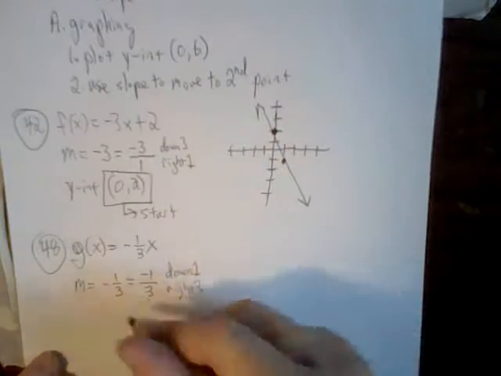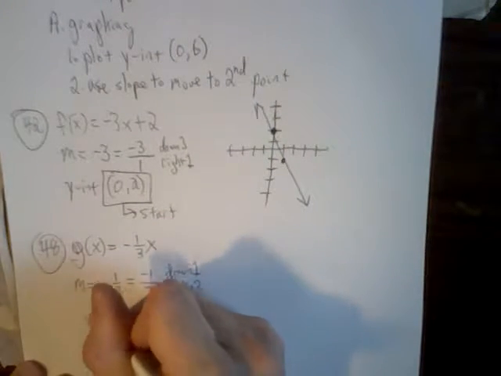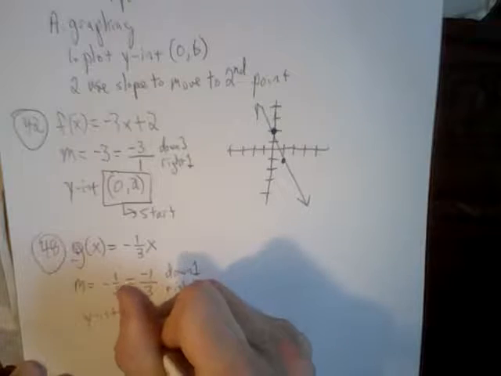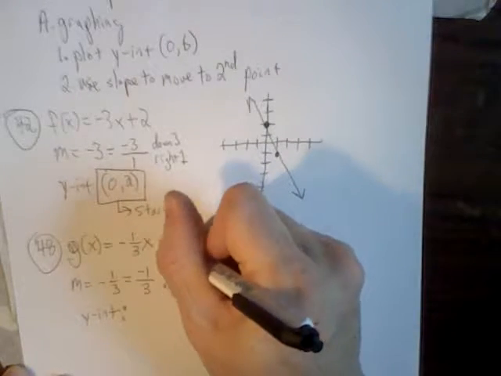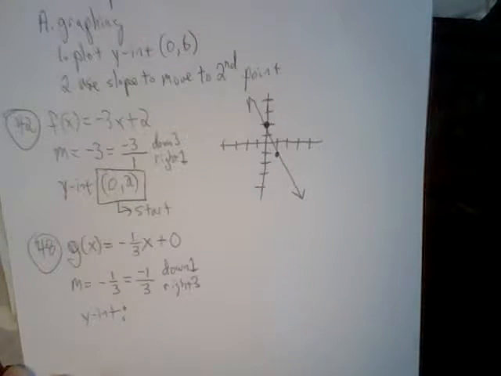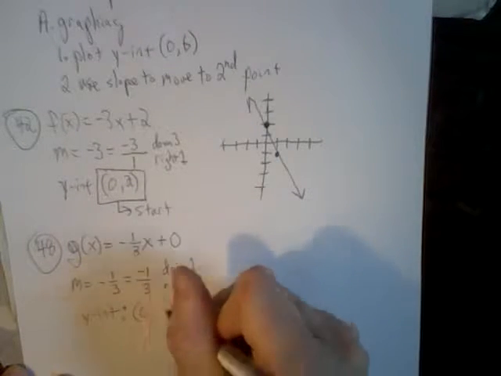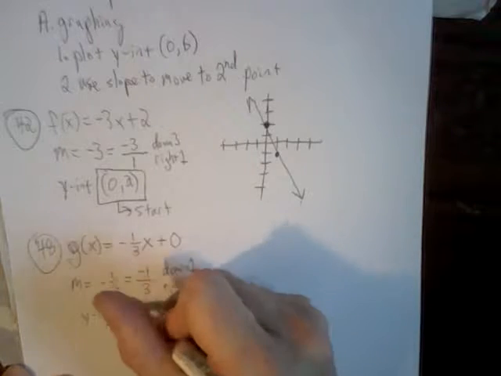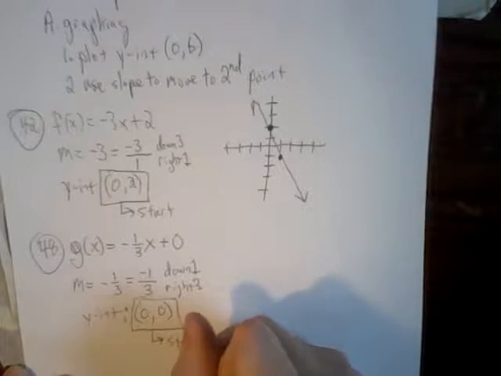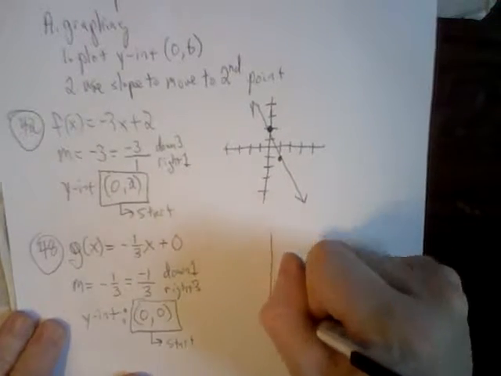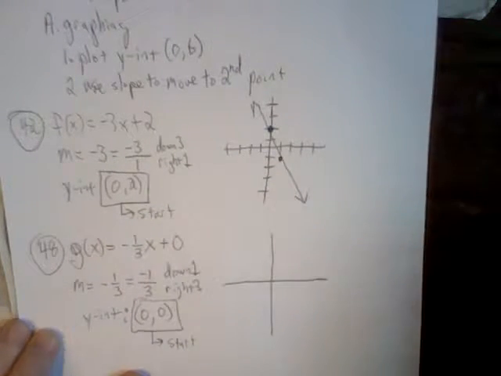The starting point here is maybe a little hard to imagine, but maybe some of you know it's 0. If you don't see it, you can rewrite it as plus 0 like that and say, oh, hey, that's the intercept. So the intercept is at 0, 0. And again, that'll be our starting place. Okay.